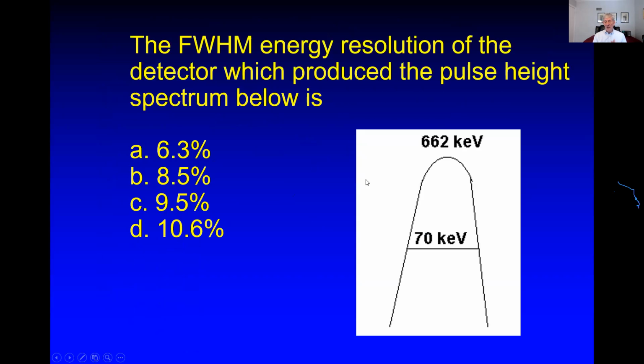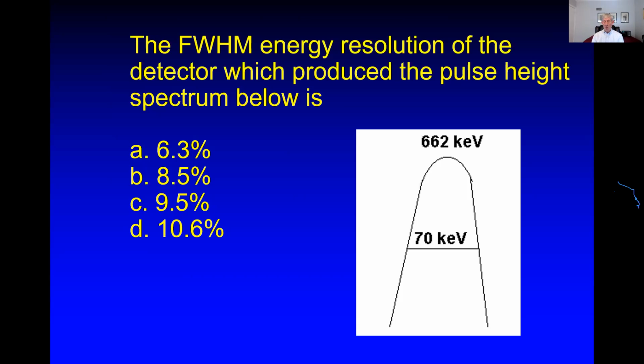Okay, and this is the very last question on the test. I don't think I even mentioned full width half maximum energy resolution before, and I'm not an instrumentation expert, but this question is on exams so often that I've put it in the notes here. The full width half max energy value means the full width of the peak in energy units at half the maximum height.